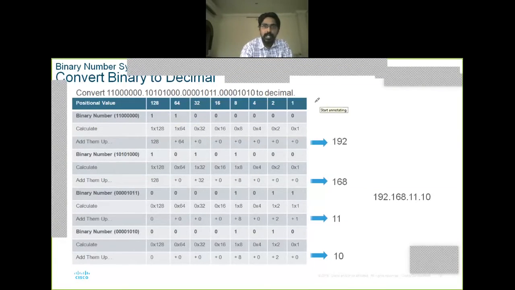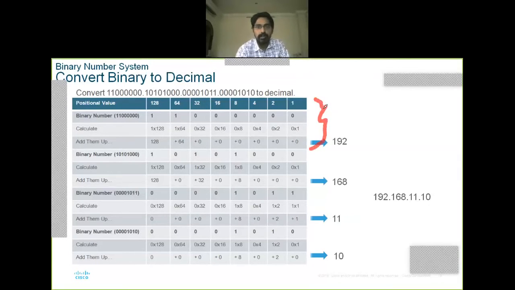This is the conversion for one number. For example, this is the binary format, 8 bits per octet. This complete binary number is to be converted into decimal.